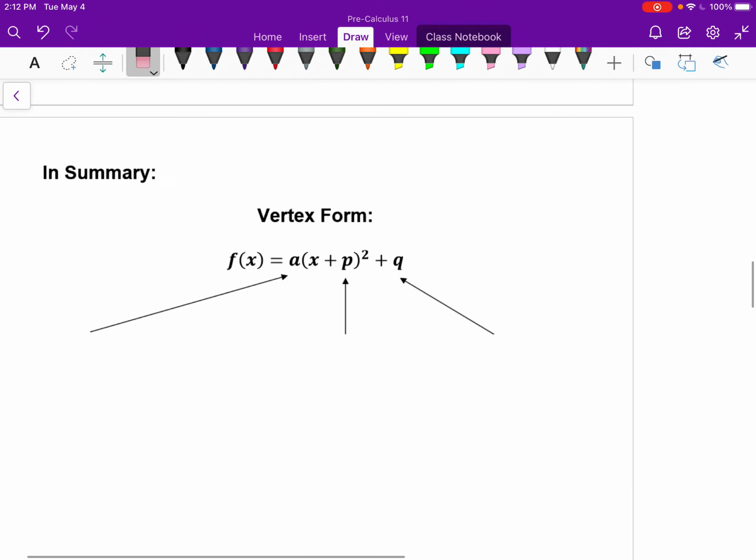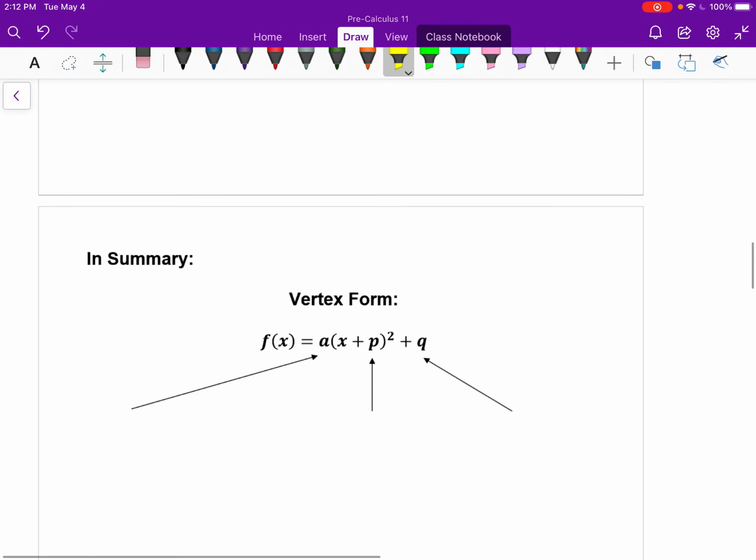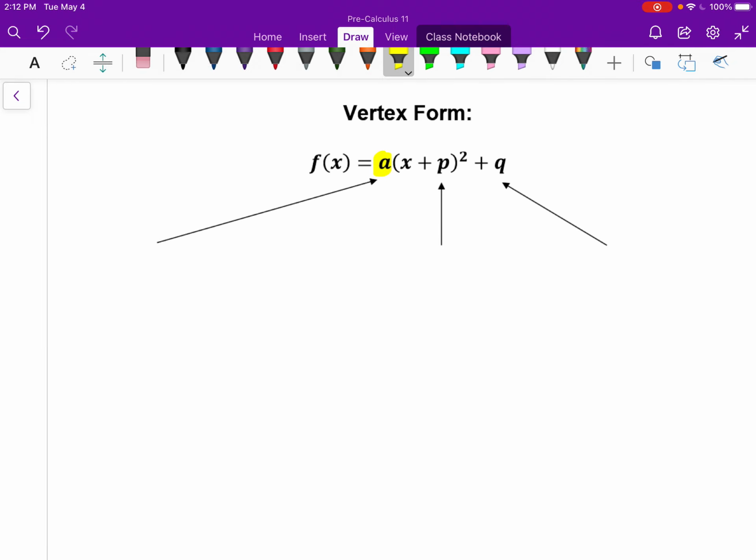So let's kind of summarize really the last few lessons. In vertex form, the a is the vertical stretch, and we talked about this already. Vertical stretch by a scale factor of a.